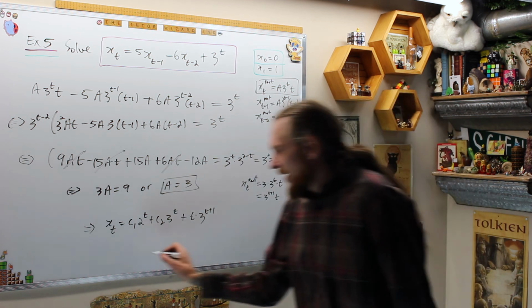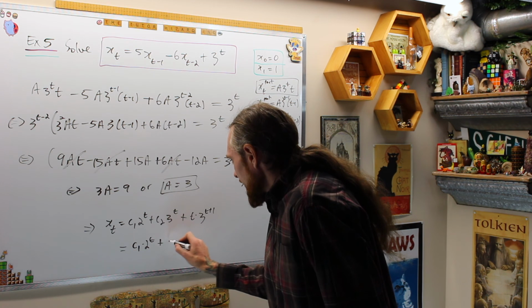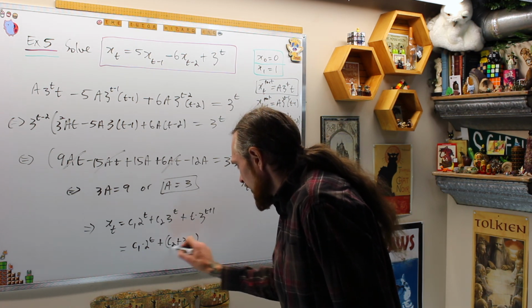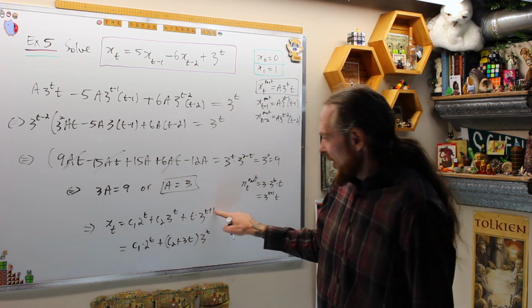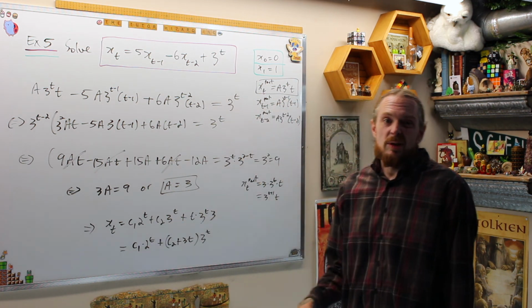Or if you really want, I can write it like this: c1·2^t plus (c2 plus 3t)·3^t. If I bring that down, I have 3^t in both of those terms.